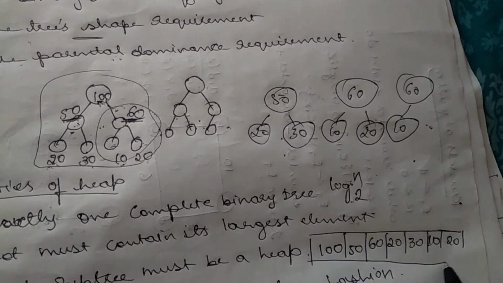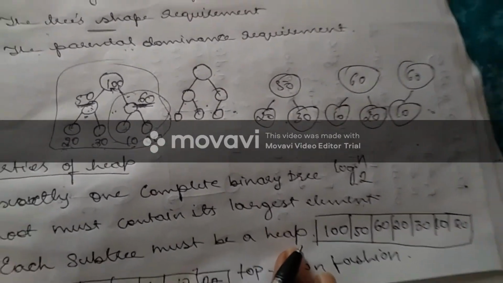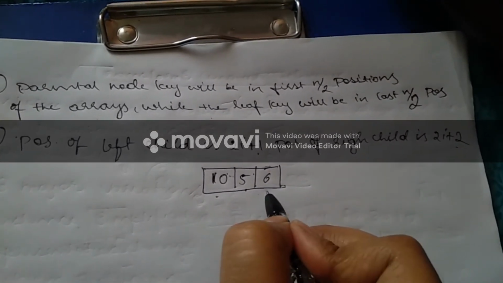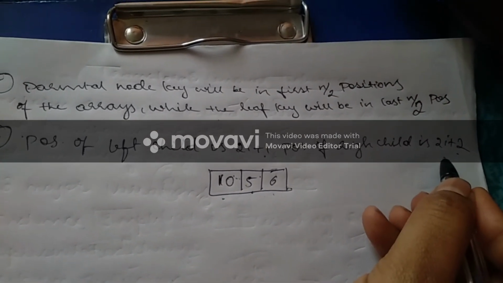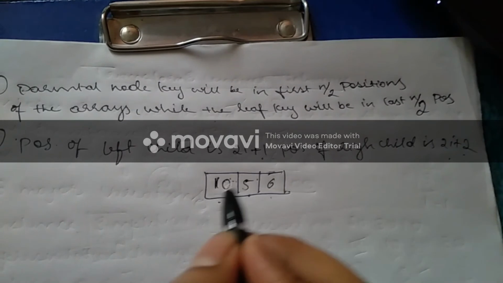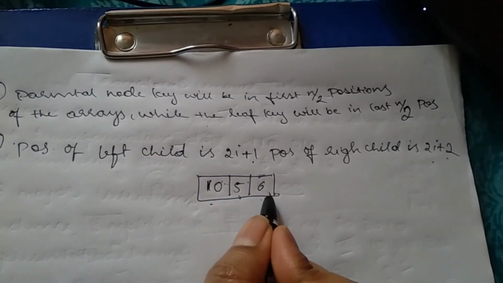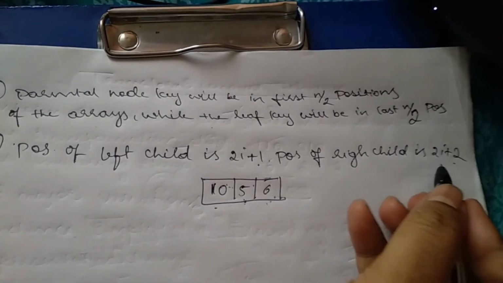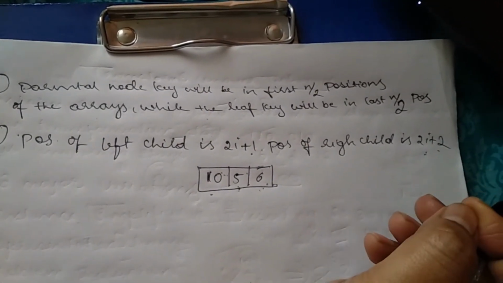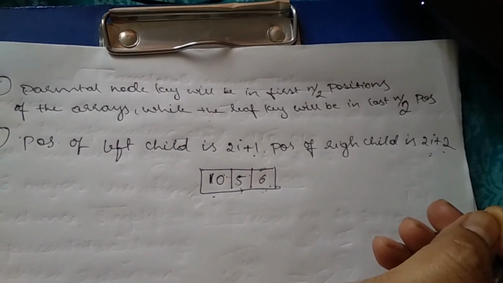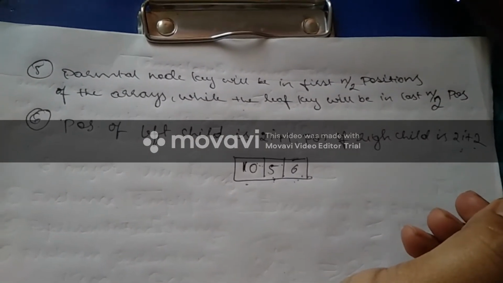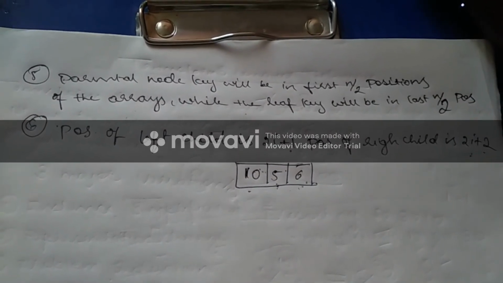This is the actual representation of the array. This is how you have to represent children. 2i plus 1 is the left child and 2i plus 2 is the right child. First we'll store the left, then right. Okay, these are the properties you have to remember for heap sort. This is very, very, very important: the definition and the properties of heap.